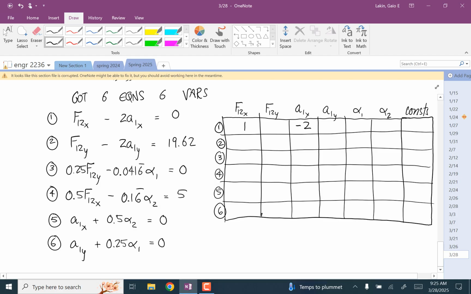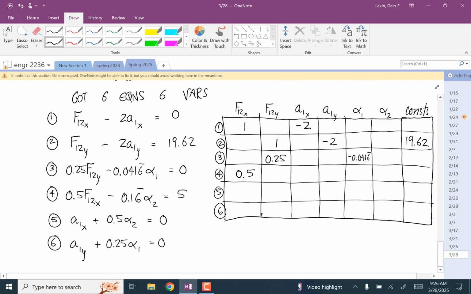Equation 2, f12y's, we have 1. a1y, we have negative 2. Constant, 19.62. Equation 3, f12y, we have 0.25. Alpha 1, we have negative 0.0416 repeating. And then everything else is 0. Equation 4, f12x, we have 0.5.